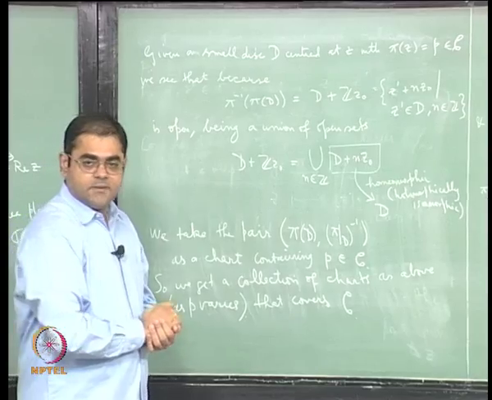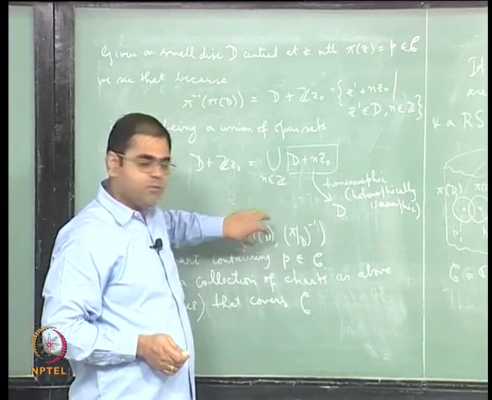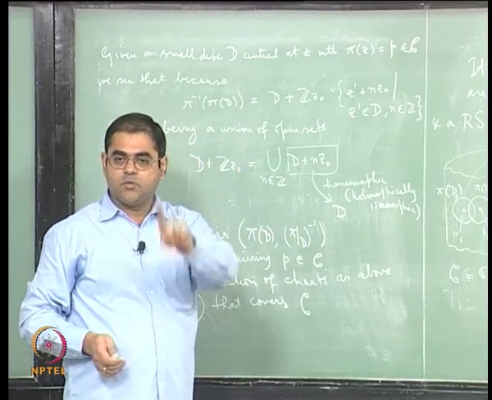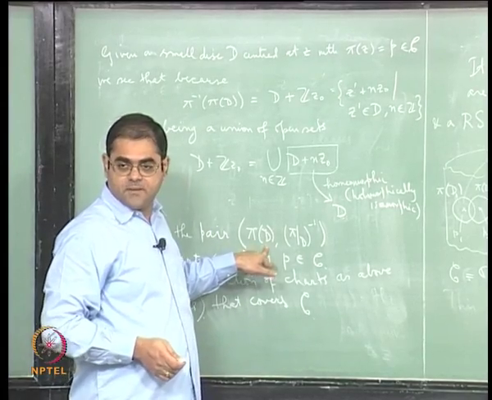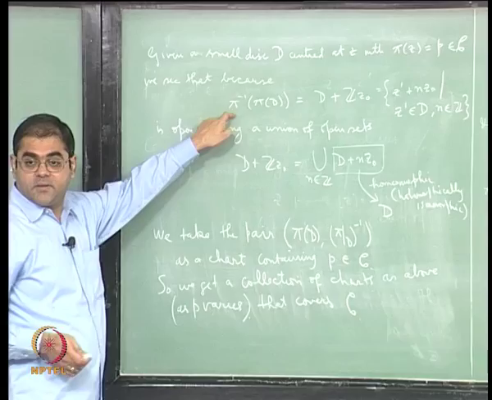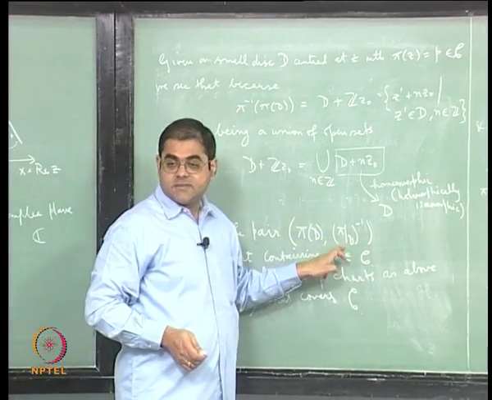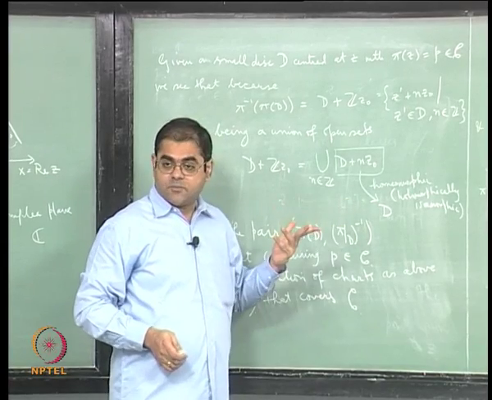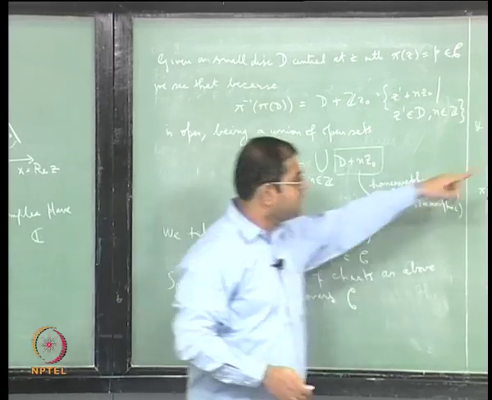Always a chart consists of a pair U, phi, where U is an open set and phi from U to an open subset of the complex plane is a homeomorphism. So my open set is pi of D, it is open because I have already proved why, because of the quotient topology, and pi restricted to D is a homeomorphism. So pi restricted to D inverse is a homeomorphism from pi of D to D.